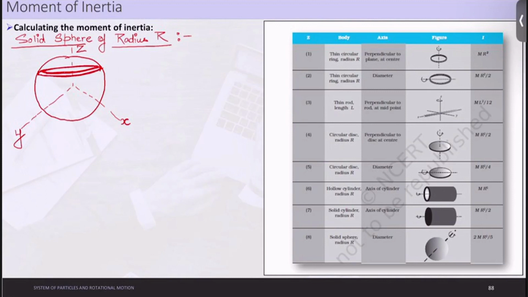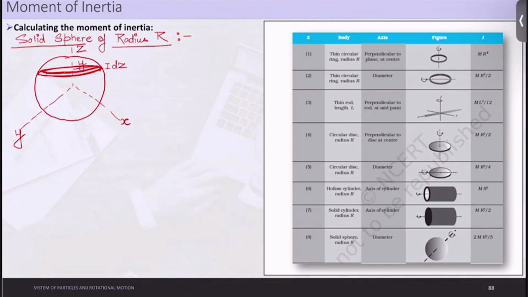If I take this as my mass dm here, let us suppose this has a radius of y and a thickness which is dz. Why did I take dz? Because we are moving along the z axis here. So let us assume this to be my infinitesimal mass.